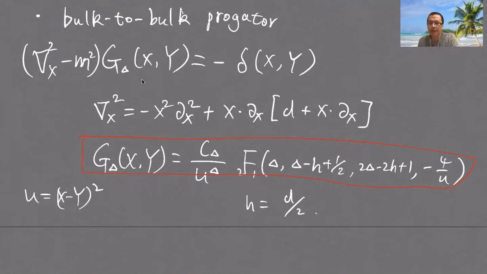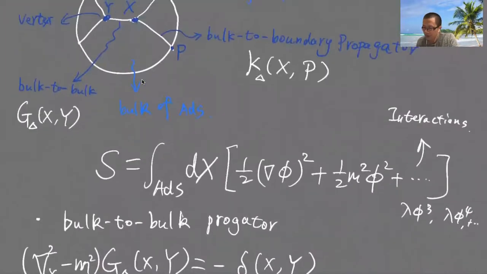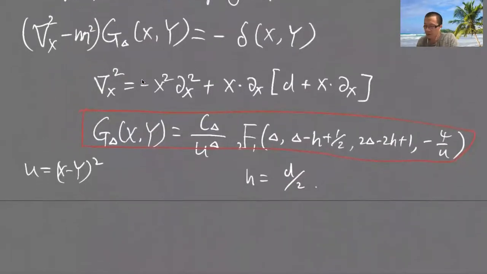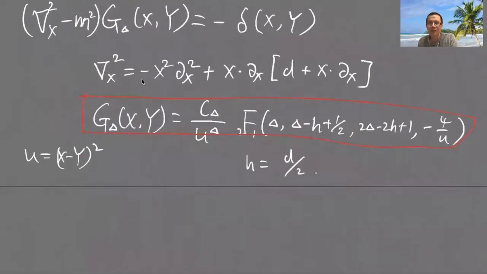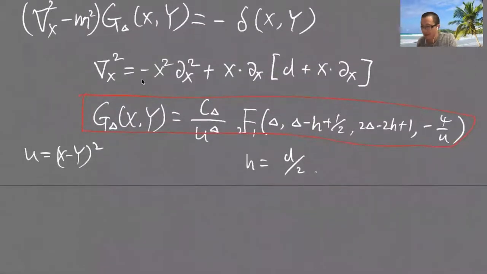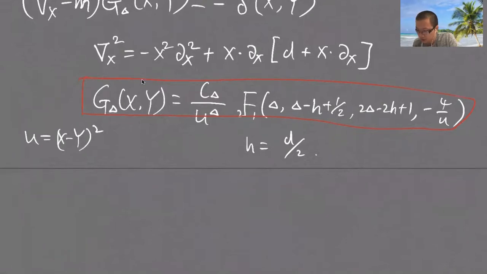Now we also need the bulk to boundary propagator. One way to do that is by pushing. The bulk to boundary propagator is basically a limit of the bulk to bulk propagator, obtained by setting one of the points to the boundary. So we can set, say, y to the boundary.